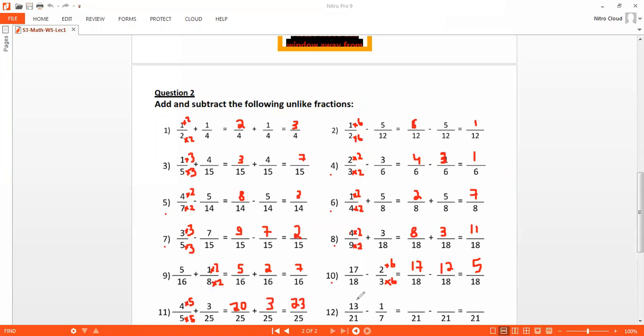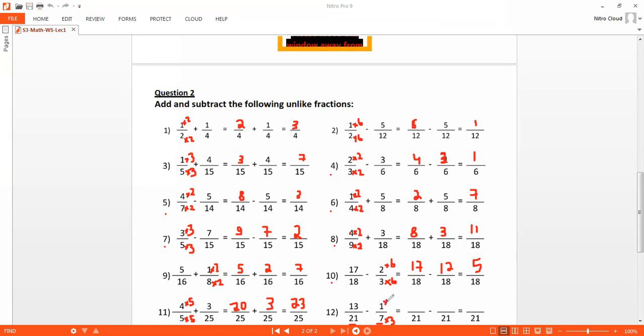No, the first fraction we leave it as it is, because if you look at the denominators, here we have 21 and here we have 7. The 7 we make it 21, so we multiply the 7 to become 21. So what do you multiply the 7 by? By 3, because 7 times 3 is 21.